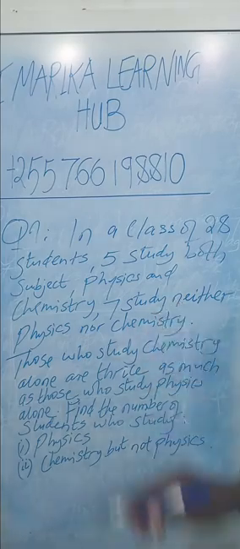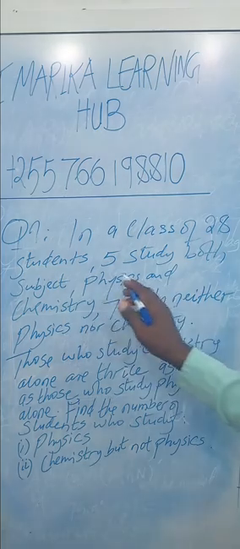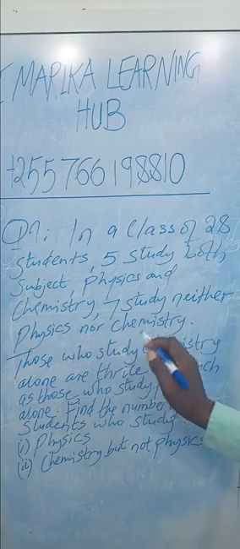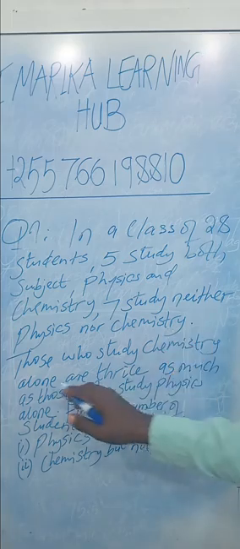We're going to solve a question regarding sets. Here's the question. If I may read for you, the question reads like this. In a class of 28 students, 5 study both subjects, physics and chemistry. 7 study neither physics nor chemistry.